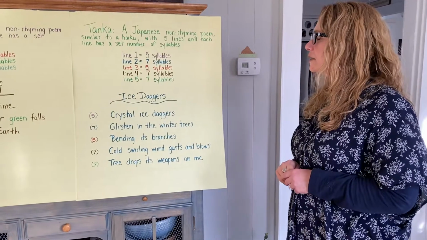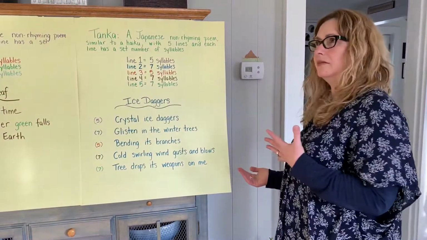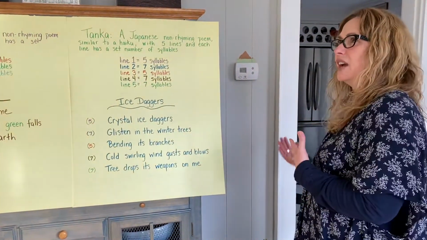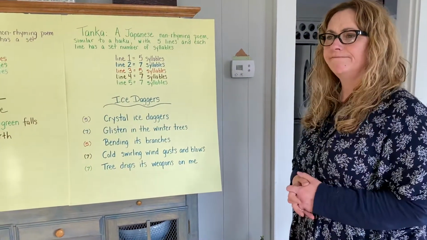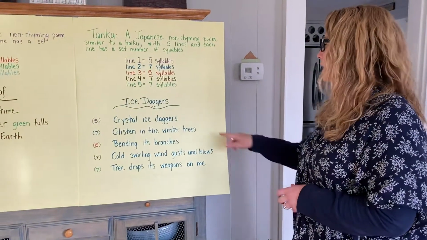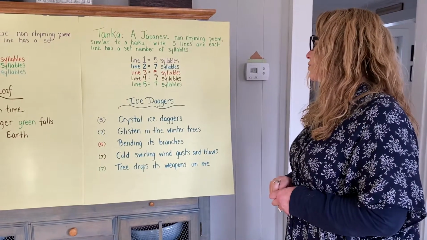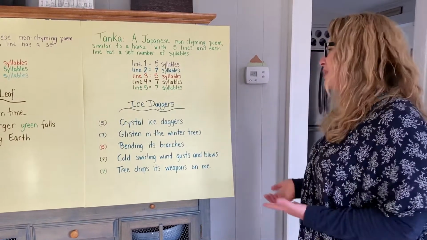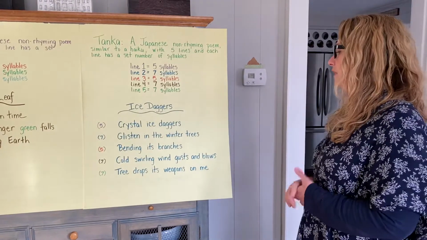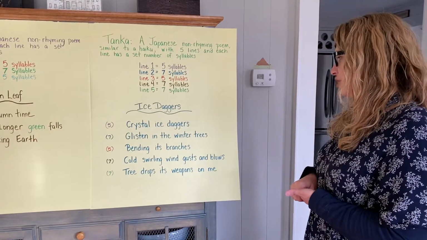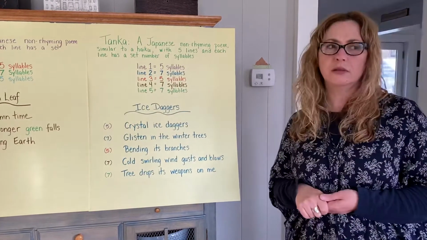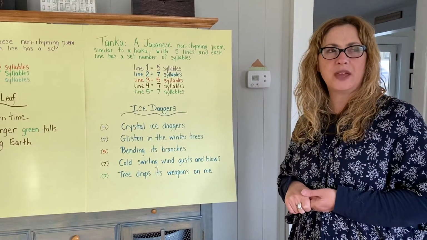Crystal ice daggers? Is that having ice behave like a human? No. Glisten in the winter trees. No, that's really just talking about the ice shining. Bending its branches. Well, do trees bend?